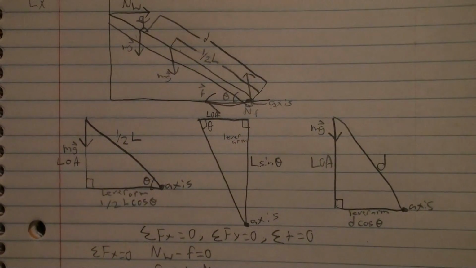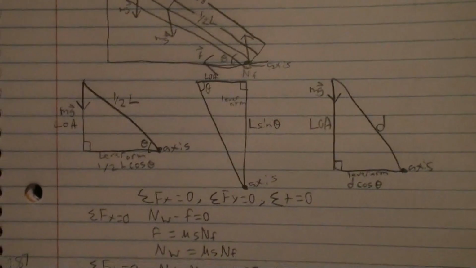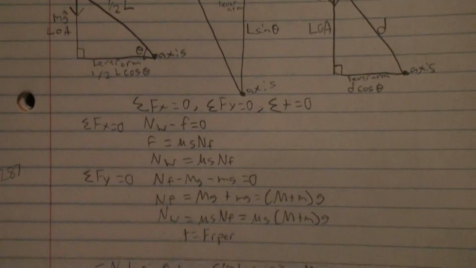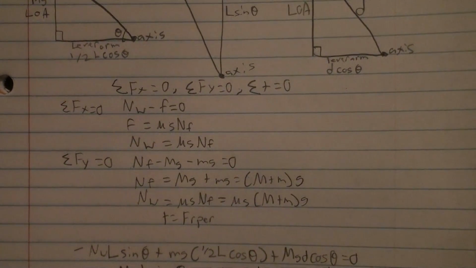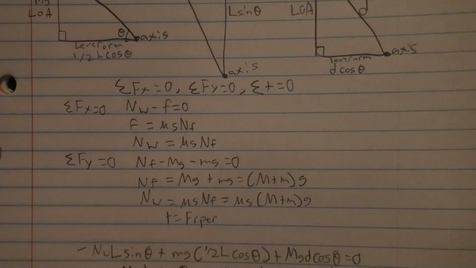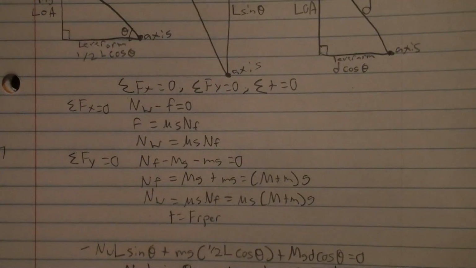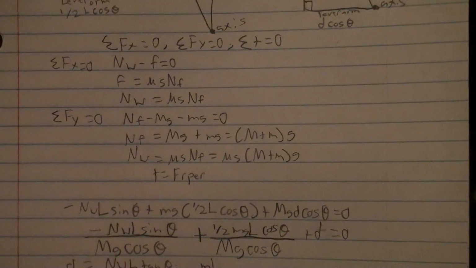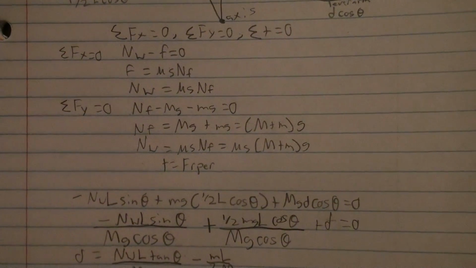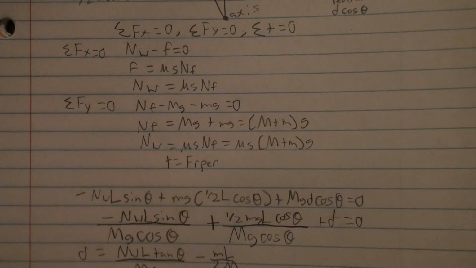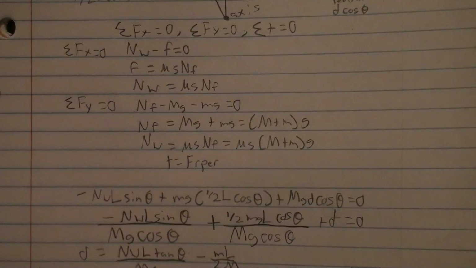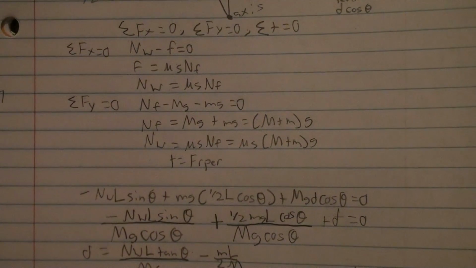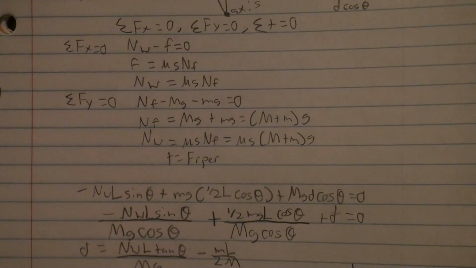The magnitude of each torque is the magnitude of the force times its lever arm, torque equal to F r perpendicular. Setting the net torque equal to 0 yields this equation: negative N sub W times L sine theta plus mg times 1/2 L cosine theta plus capital Mg d cosine theta, all equal to 0.